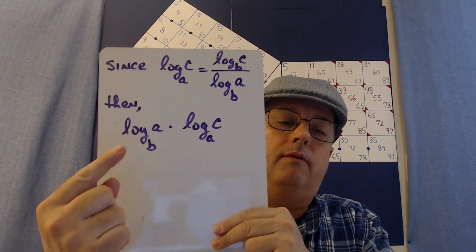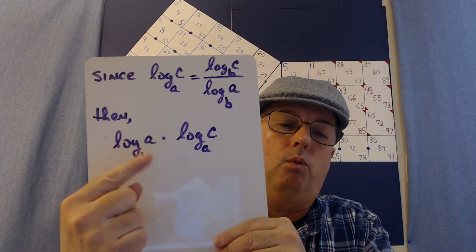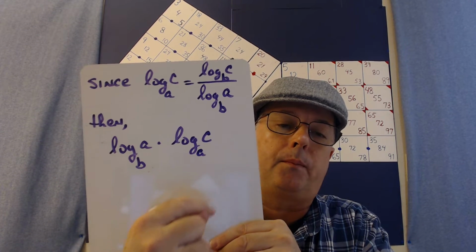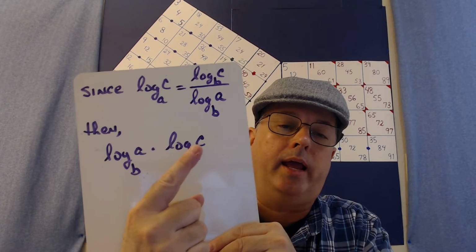Here we have our product of logarithms, and we're wondering what can we do with this statement here. The log base b of a times the log base a of c.